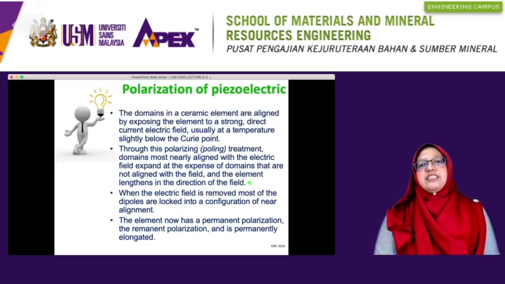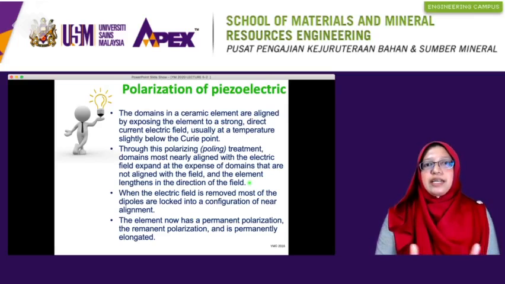The domains in ceramic elements can be aligned by exposing the elements to a strong direct current field, usually at a temperature slightly below the Curie temperature. This is known as polarizing or poling treatment.